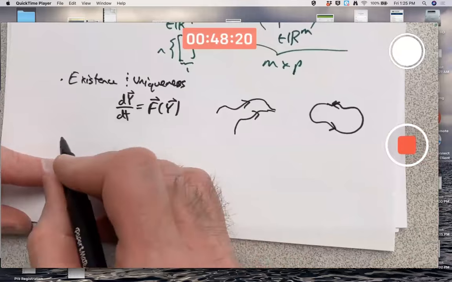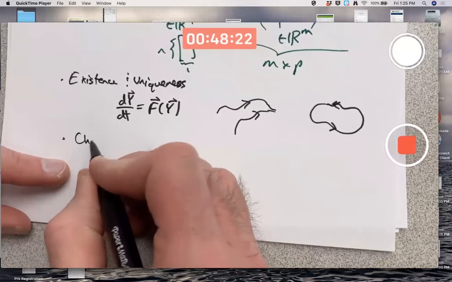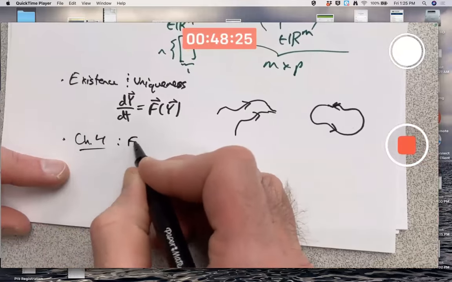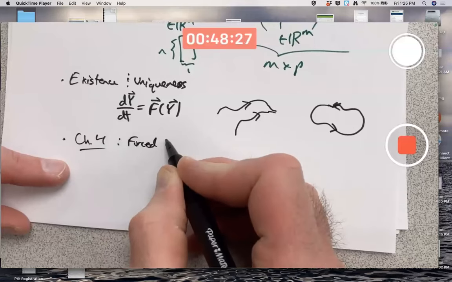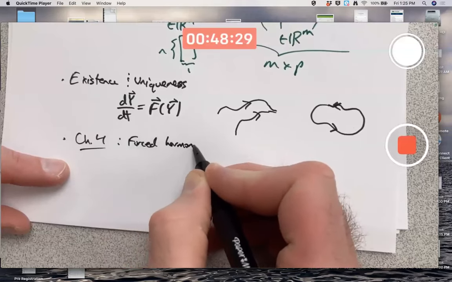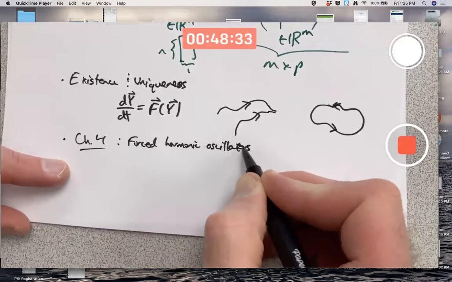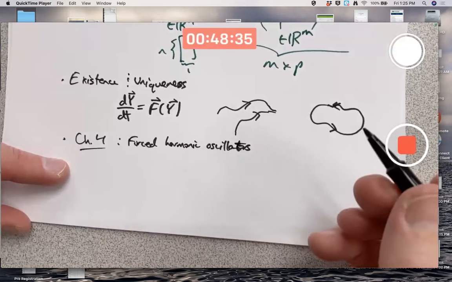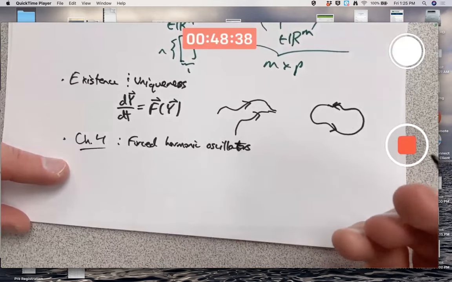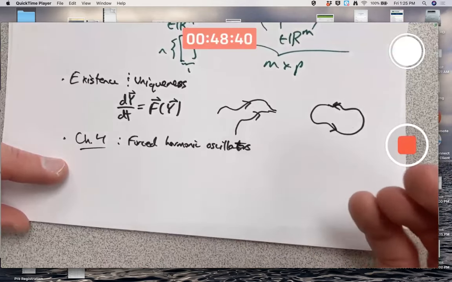Other differential equation stuff in chapter 4 was the forced harmonic oscillators. And we had things like the beating phenomenon there, when the right-hand side forcing function was cosine of omega t, say, and using complexification came into play.